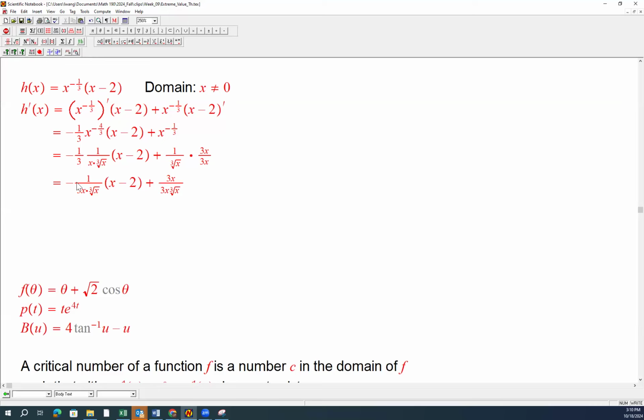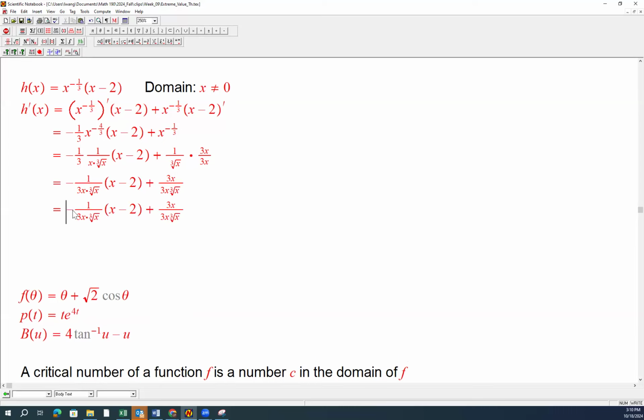So now we can add the numerators. This part we need to be careful: this negative sign will multiply negative x minus 2. So negative x plus 2, and we add 3x.